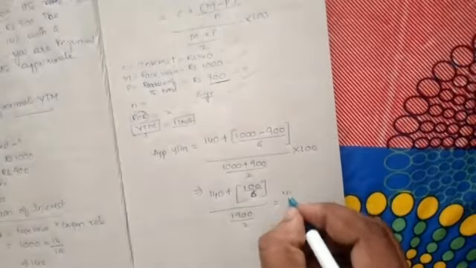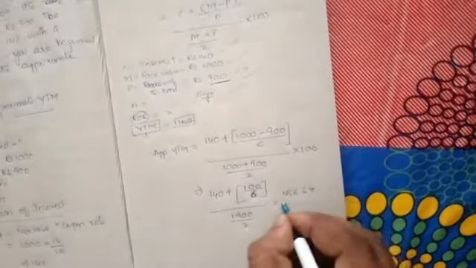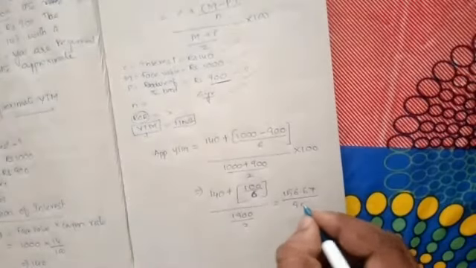That is 16.67, plus 140, then it will be 156.67, divided by 1900 divided by 2. 1900 divided by 2, that is 950.